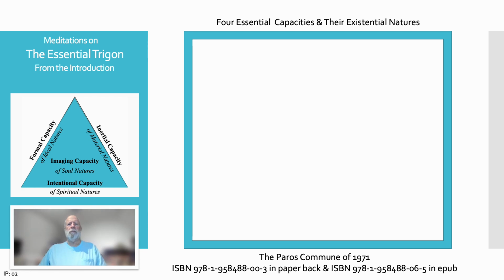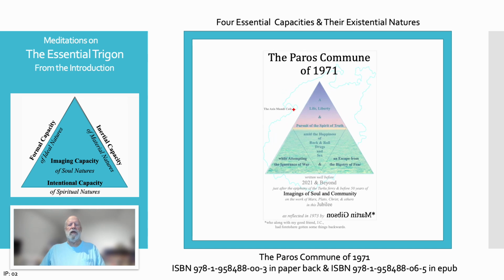The first section and part of the book, the Paris Commune of 1971, is the Remembering Happily part, written in 1973 after returning from Europe, with a preface written in 2022 prior to publishing.